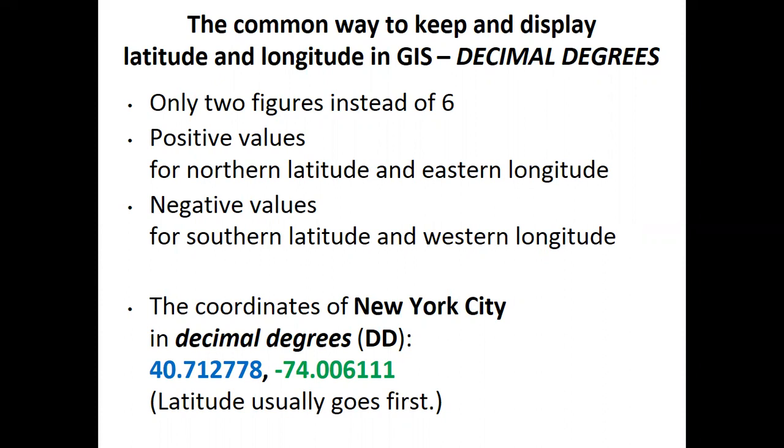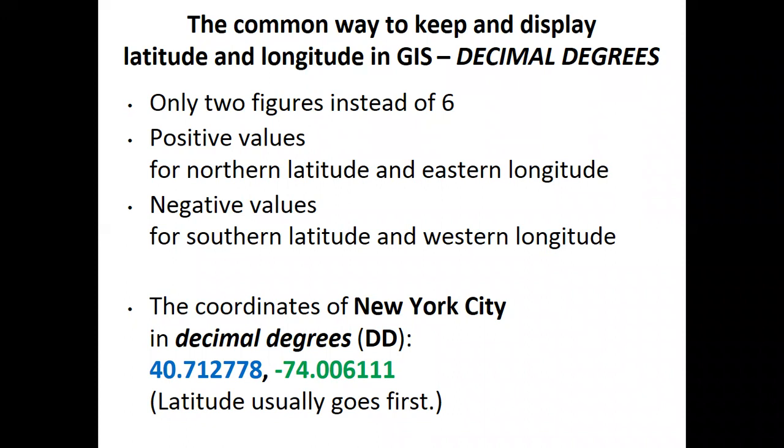And also, positive values indicate the northern latitude and eastern longitude, and negative values indicate the southern latitude and western longitude. So with a sign minus or plus, we could also define the direction. For example, the coordinates for the same New York City in decimal degrees will look like that.